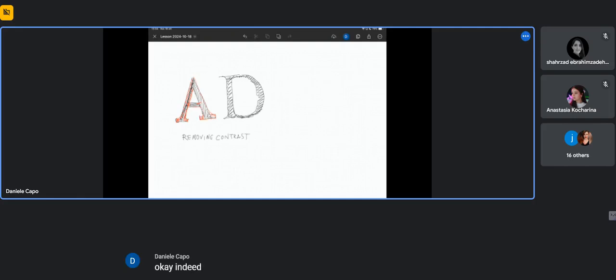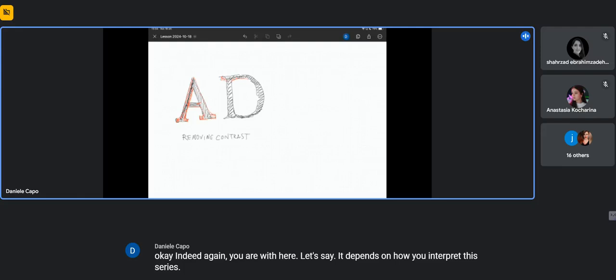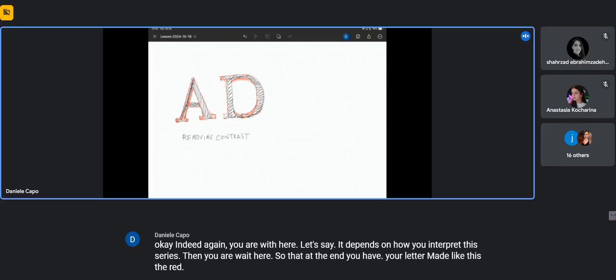In D, again, you add weight here. It depends on how you interpret the serifs. Then you add weight here, so that at the end, you have your letter made like this, the red outline.